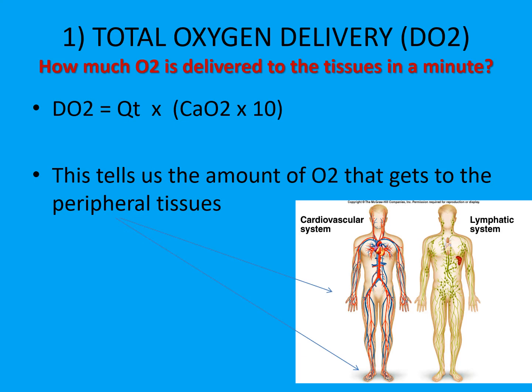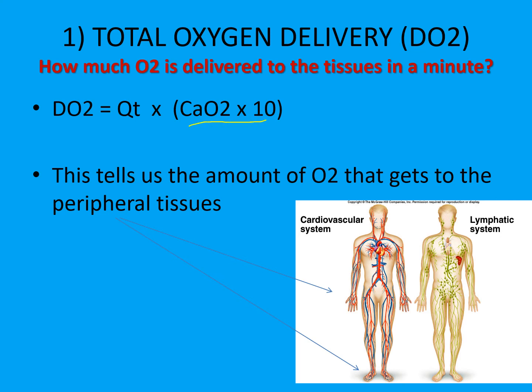So the first one is going to be DO2, or delivery of oxygen. I like this calculation because it's just factoring the cardiac output into your delivery of oxygen. So it's called DO2, or delivery of oxygen. You're going to take your CaO2 times 10.